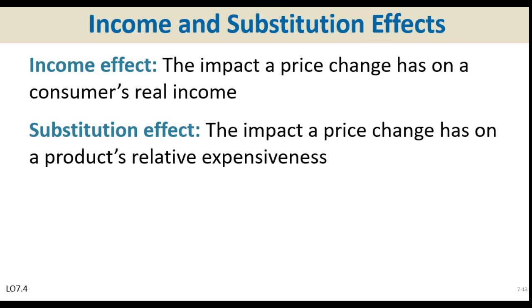If the price of a product falls, its relative expensiveness decreases, right? If the price falls, the product becomes less expensive and more affordable. And then the consumer will substitute more of this good for the other good.